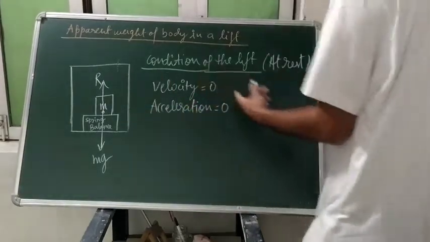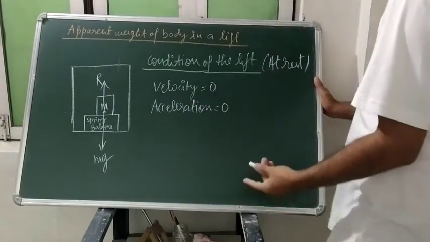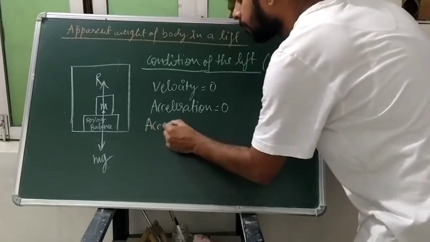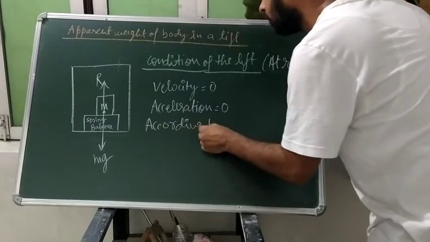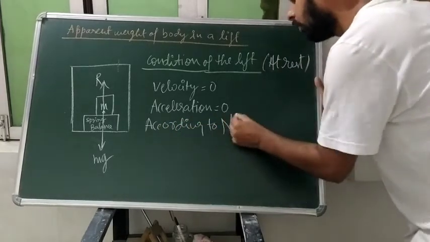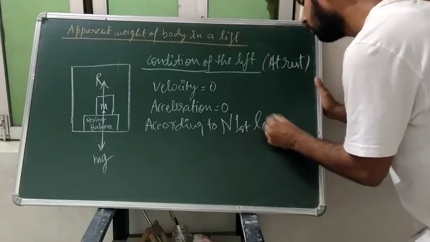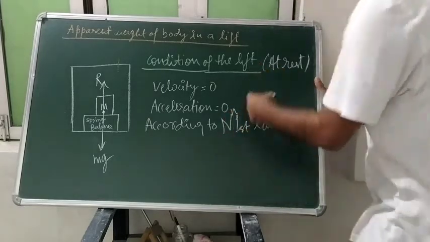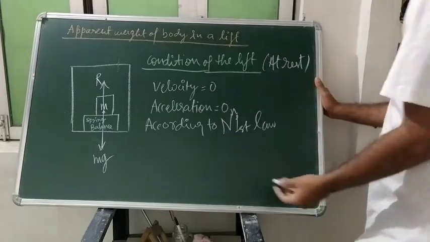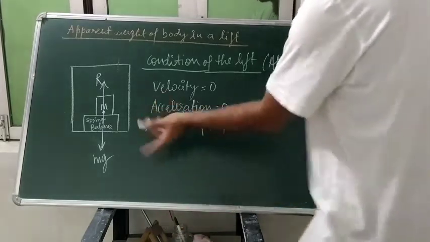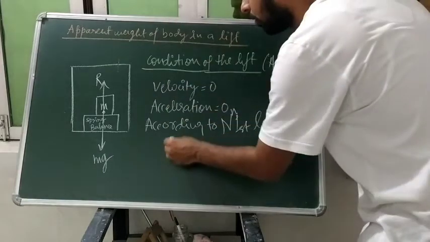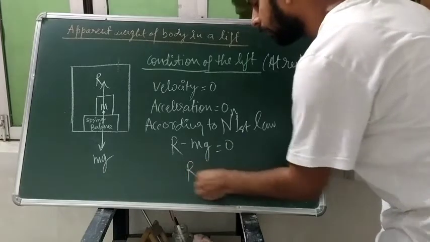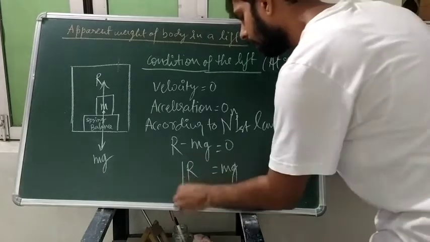Of course, acceleration is zero, so Newton's first law. Taking upward as positive, R minus mg equals 0, and from here you get R equals mg only.